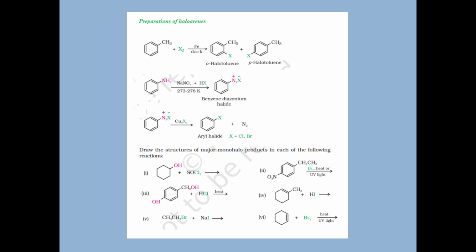Third one will also produce a monohalo compound. Fourth one, there will be an addition product. Fifth one, there will be a substitution product. And the sixth one will actually be an addition product of the bromine.